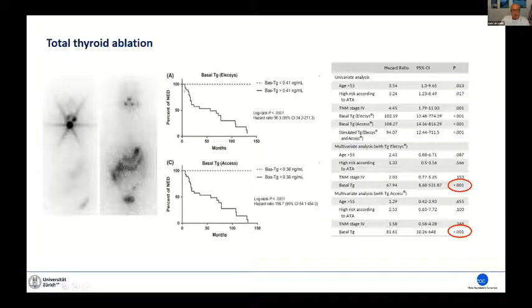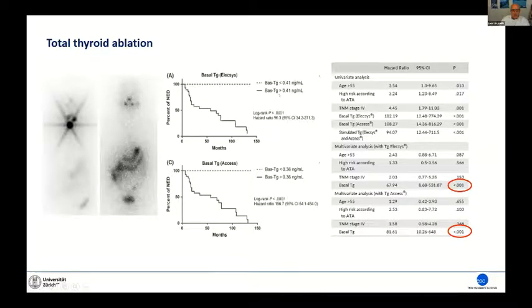In such cases, an undetectable thyroglobulin can predict absence of events in the very long time, even using thresholds that are slightly higher than those suggested by clinical guidelines. And this confirms my previous discussion about different measurement by different assays.